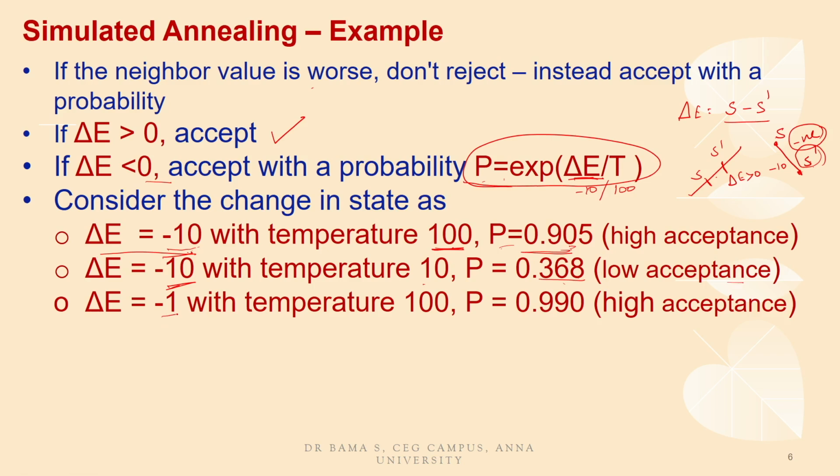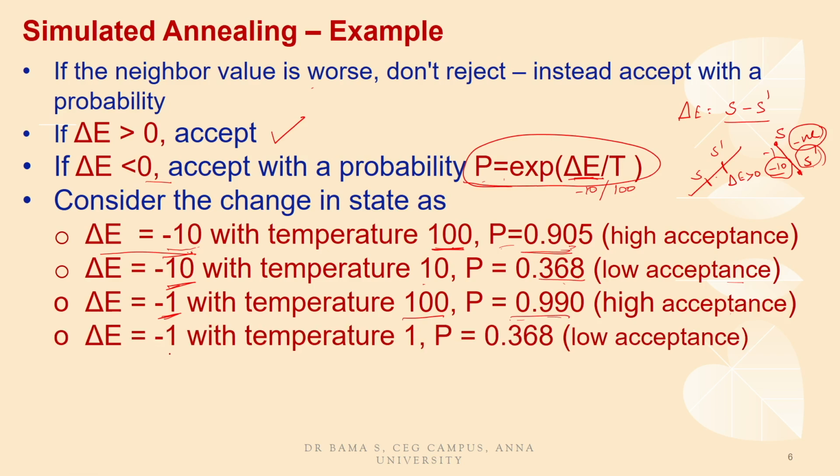Third case, where this difference is minus 1 and with a high temperature, the probability is 0.99, so accept it highly. If it is minus 1 with the temperature at 1 degree, then it is 0.368, a low acceptance, so the probability of rejecting the neighbor.